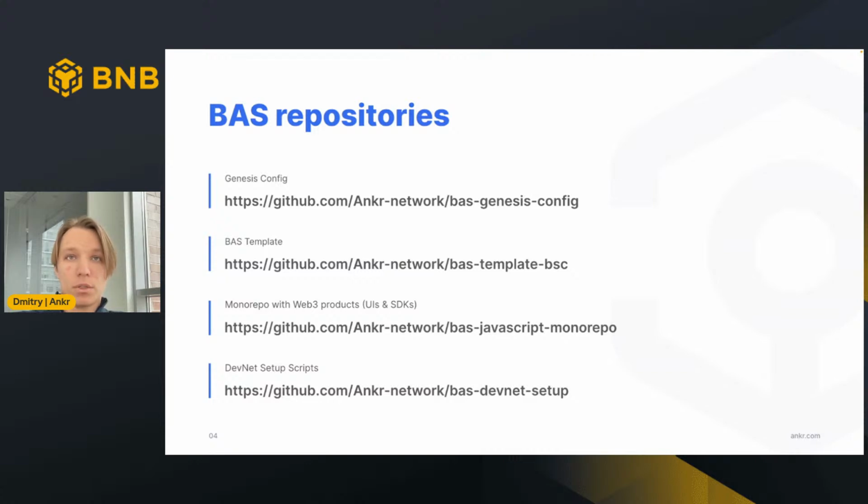So you specify a special config file, and using this config file, you can modify different blockchain parameters, including faucet, governance, chain configuration, chain ID, etc. And you can build your own Genesis file using this repository.